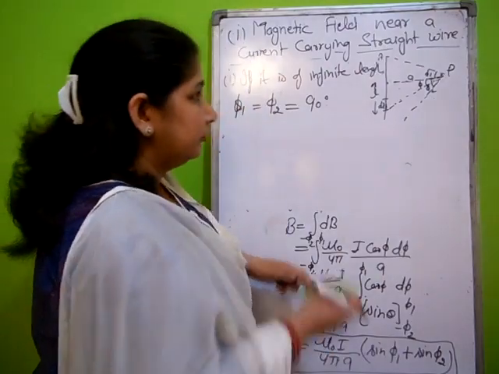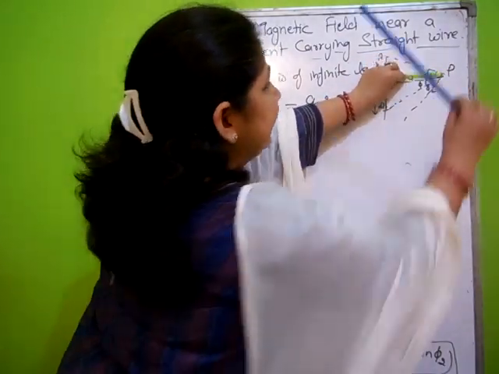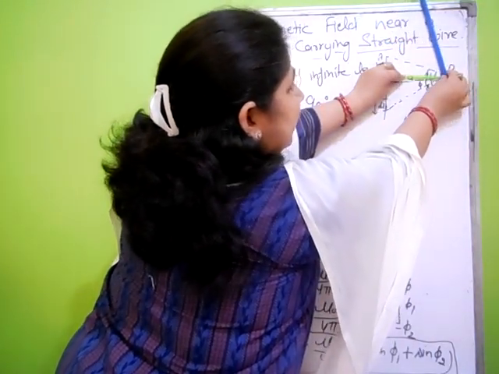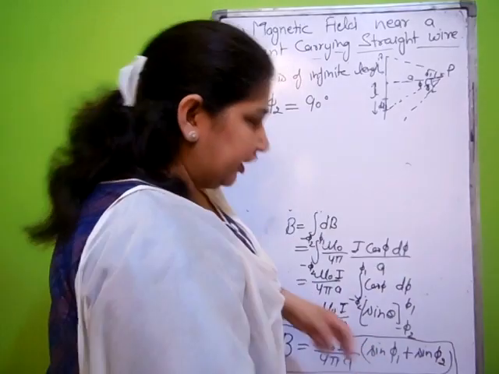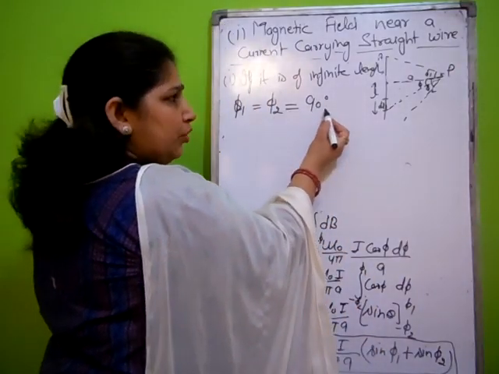See, this is the perpendicular distance, and on increasing the distance this angle will increase. And we will consider for infinite length phi 1 is equal to phi 2 is equal to 90.